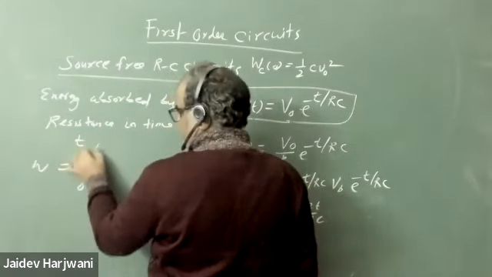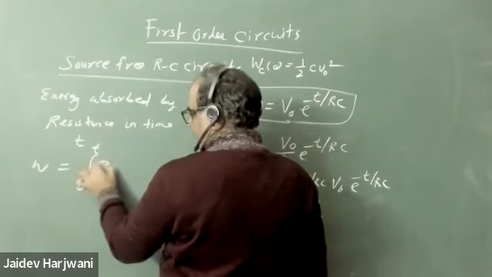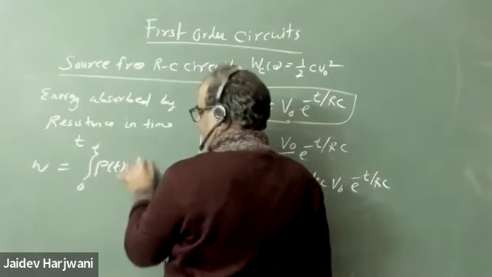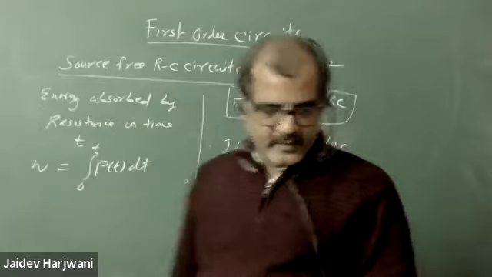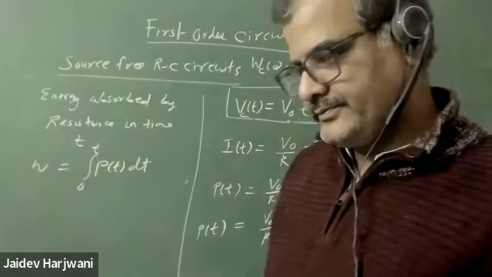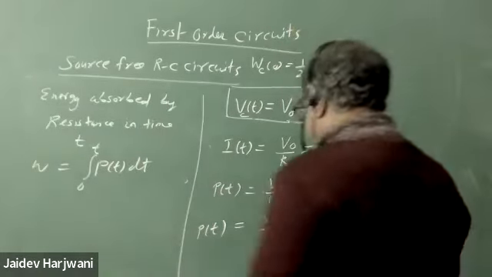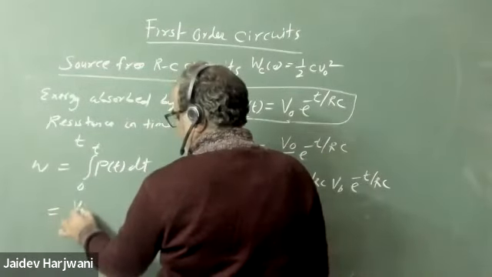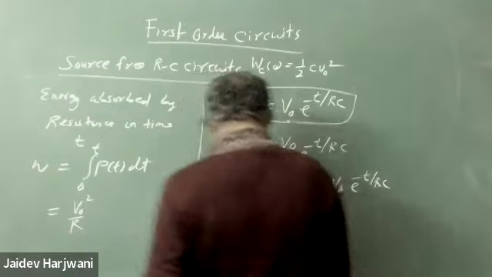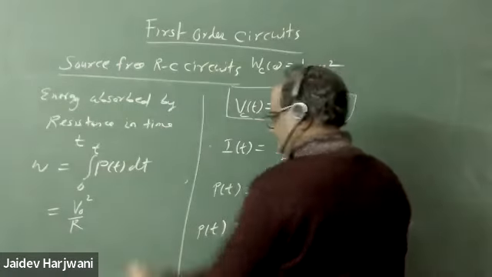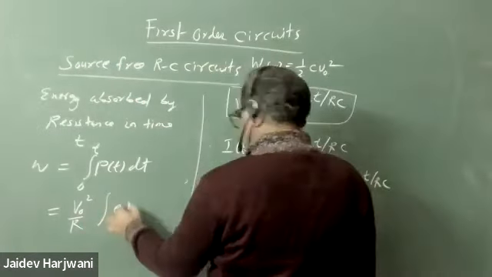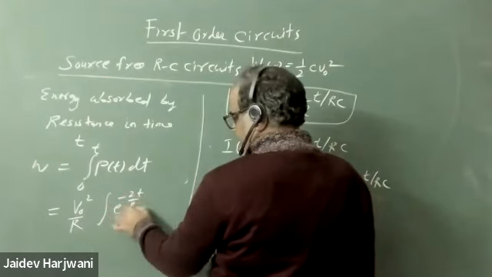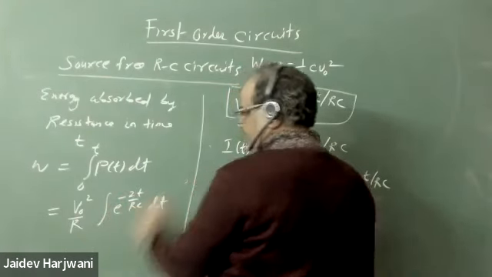I know the power P(t), so the energy is the integral of P(t) dt. Now you know the power P(t), so I can write V naught square upon R, e power minus 2t upon RC, dt.